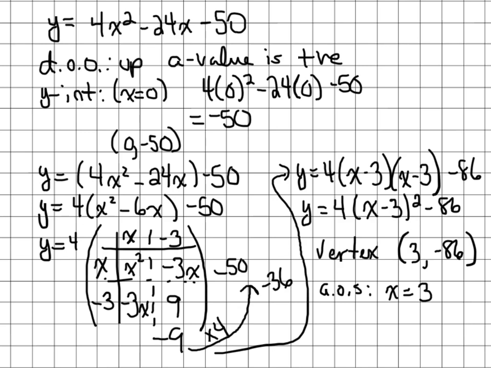So we have a minimum, and that's y equals minus 86. So it's the y coordinate of the vertex. So we have our direction of opening, our y-intercept, our vertex, our axis of symmetry, our minimum value. The last thing we need are the x-intercepts. So I'm just going to flip to the next slide, and we will determine what those are.